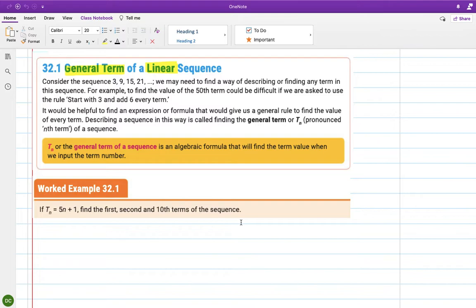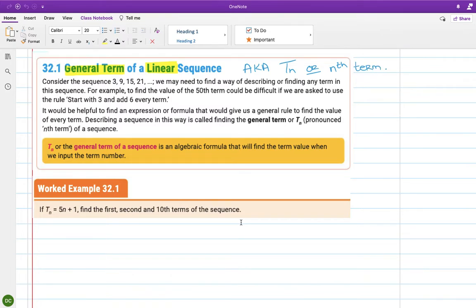General term has other names. So general term can also be called Tn. That's like a symbol for it. And another thing it can be called is the nth term.